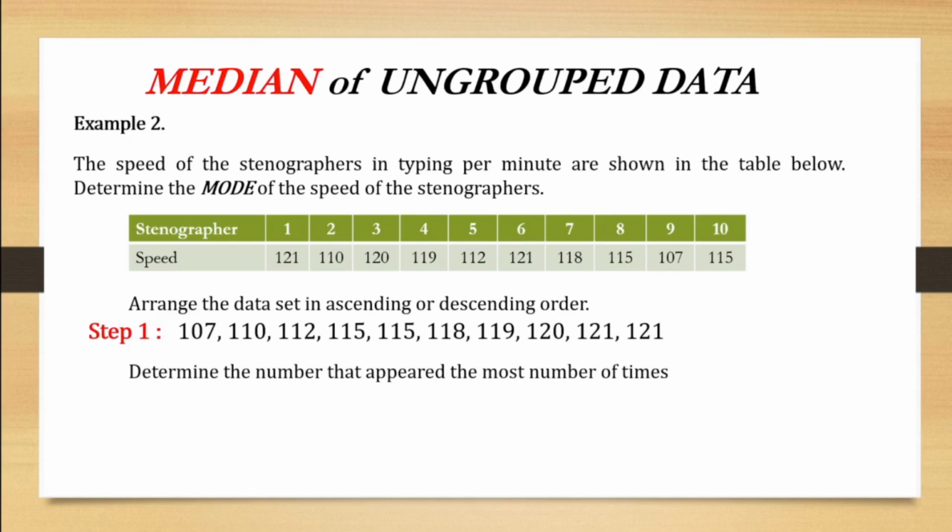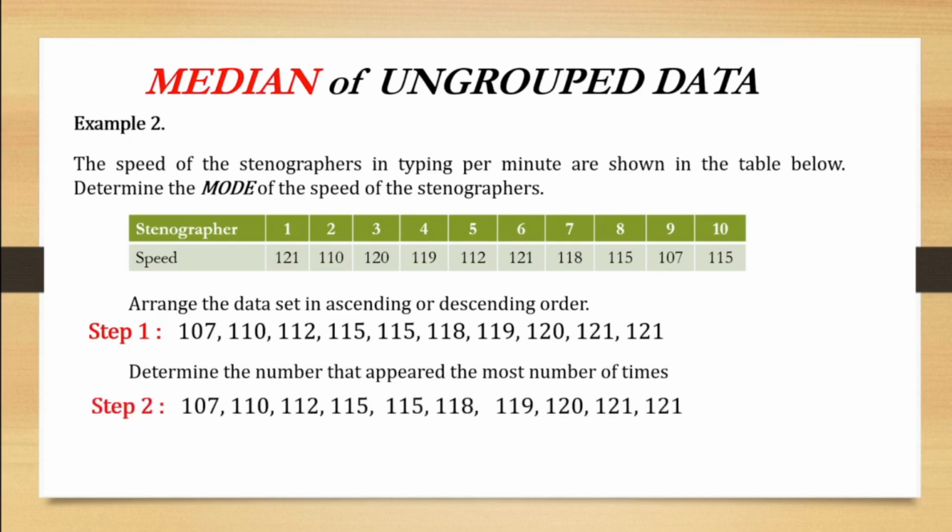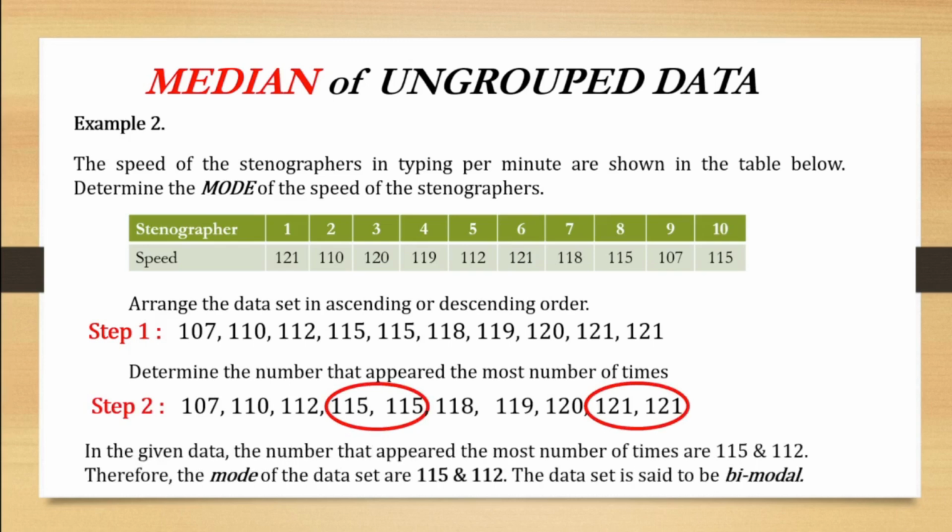Second step, determine the number that appeared the most number of times. In the given data, the numbers that appeared the most number of times are 115 and 112. Therefore, the modes of the dataset are 115 and 112. The dataset is said to be bimodal.